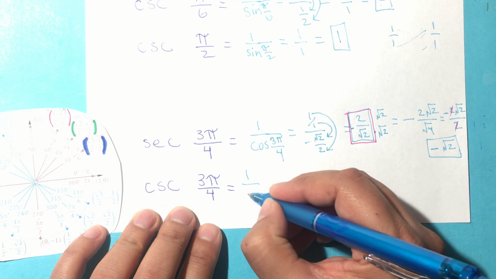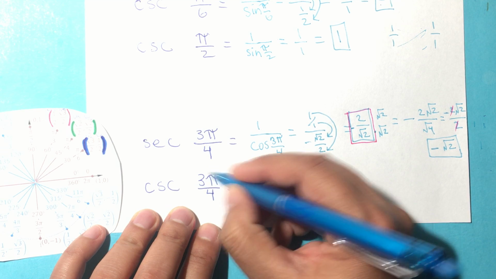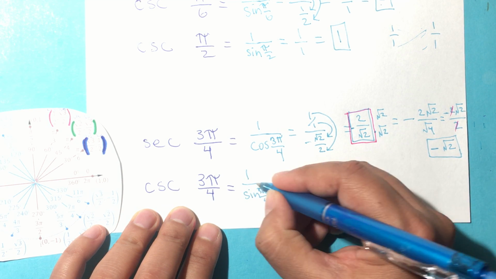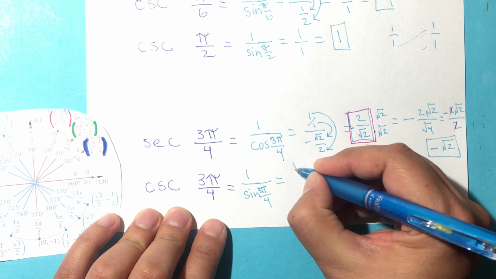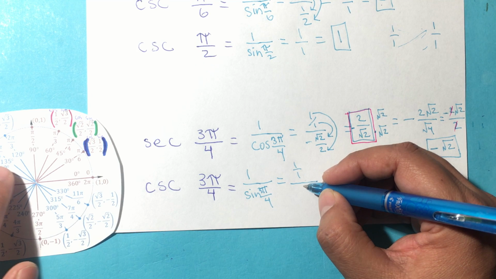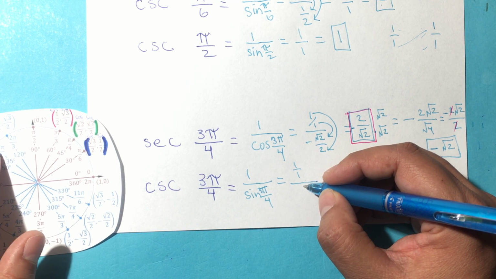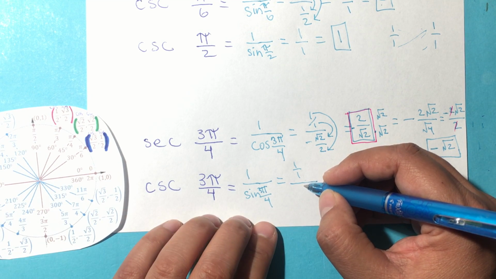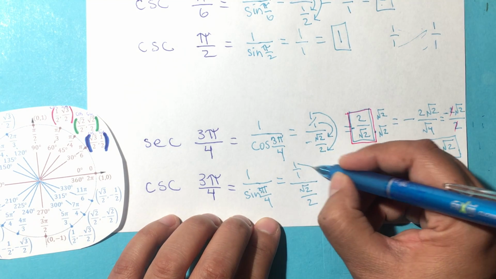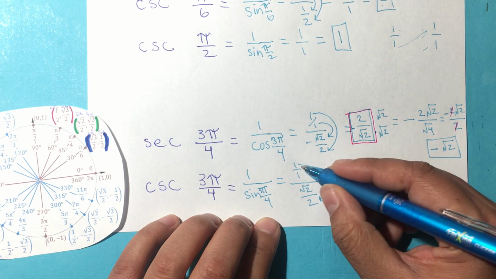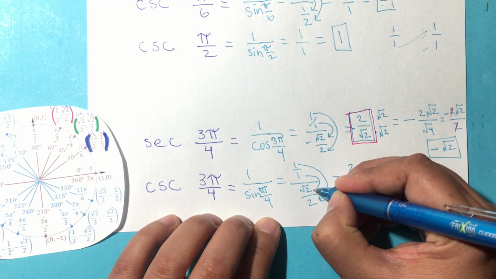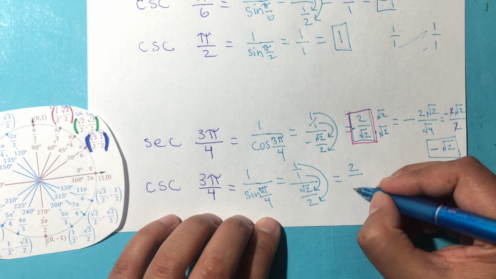Cosecant is 1 over sine of that same angle. So that's 1 over 1 divided by the sine of 3 pi over 4, which is positive because it's the value on y. It's positive square root of 2 over 2. We multiply the outer. 1 times 2 is 2 and goes in the numerator. The inner values, when we multiply them, it goes in the denominator.